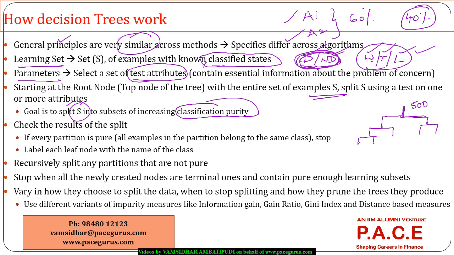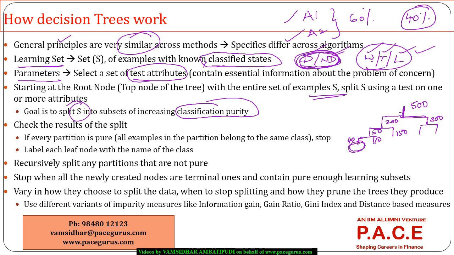When I say classification purity, it should so happen that almost all the elements in a particular class are alike. Let's say this 500, based on some rule, this side it became 200, this side it became 300. On this 200, another rule is applied, making it 50 here and 150 here. And here another rule is applied, making it 40 and 10.